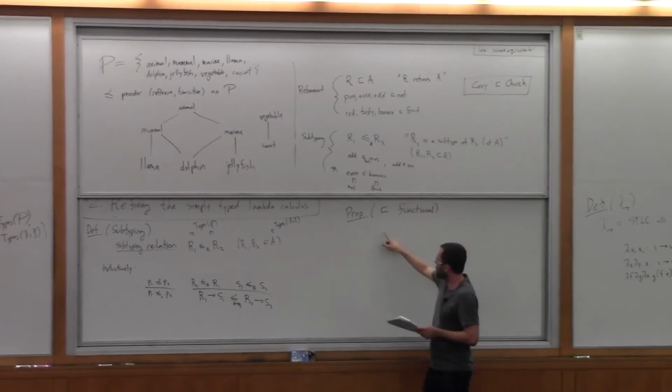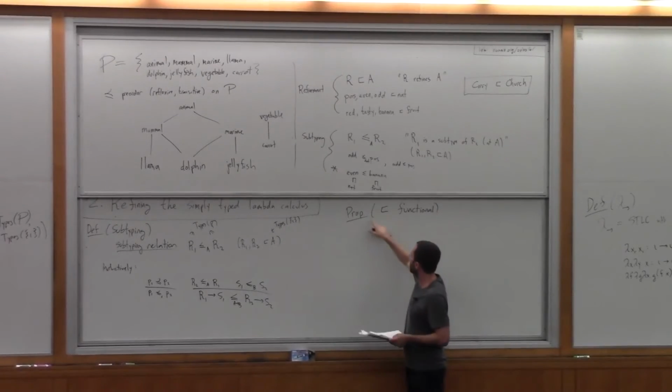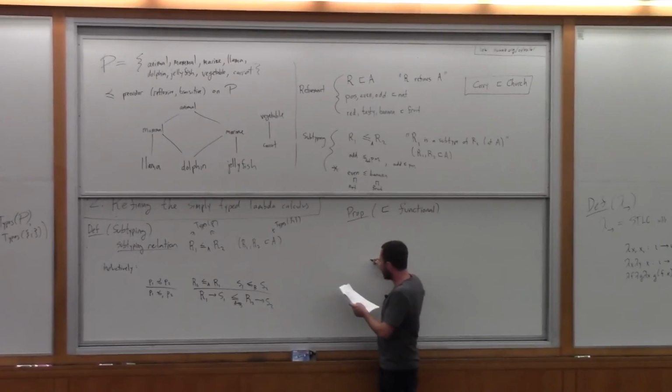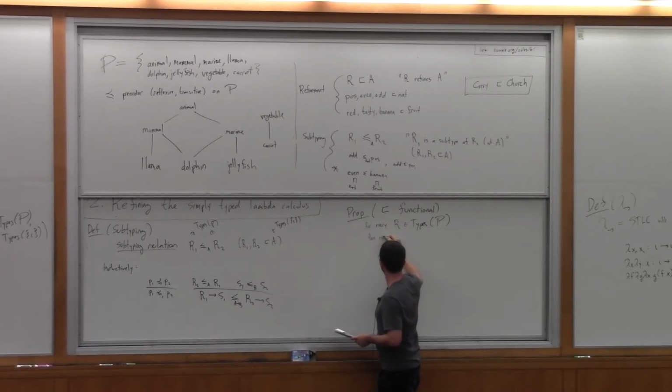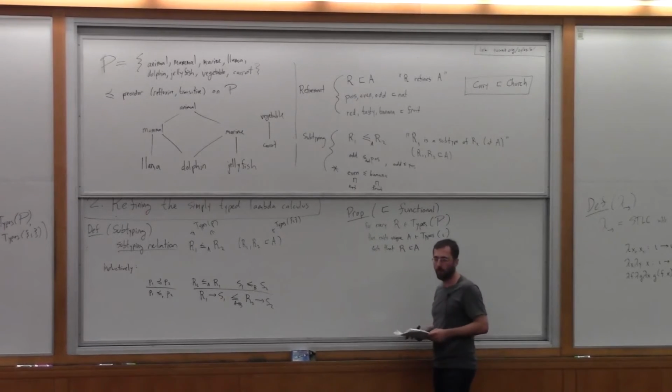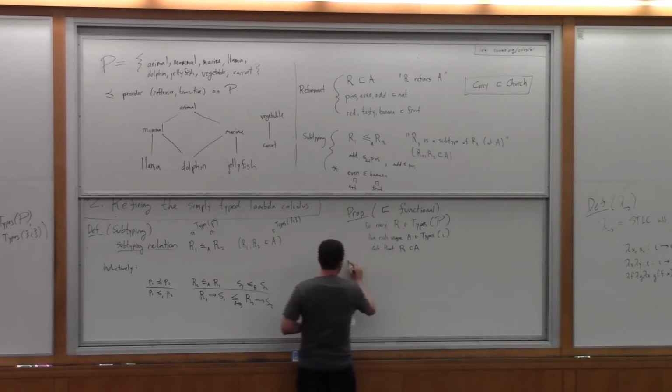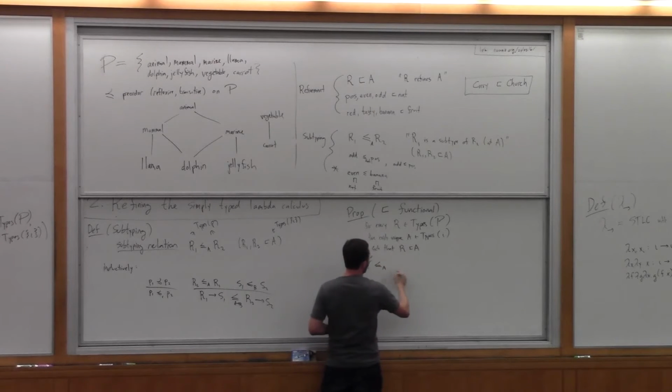But I want to make just two simple observations. The refinement relationship is a functional relation. So for every R in types P, there exists a unique A in types iota, such that R refines A. Okay? And then, on the other hand, the subtyping relationship is a preorder.